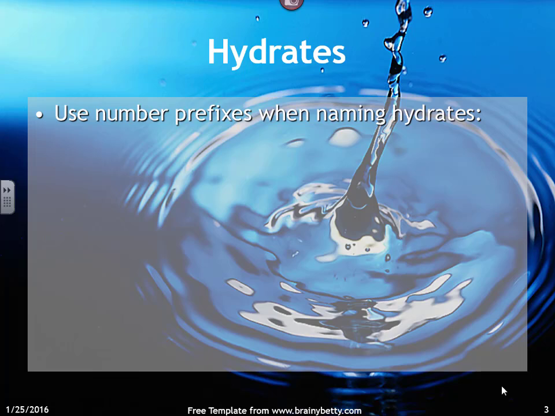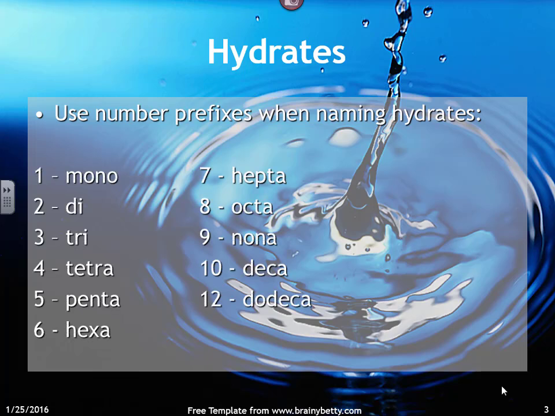So what prefixes do we need? Here are the ones that you will see most often. One is mono, like somebody talking in a monotone voice would be one tone. 2 is di, 3 is tri.